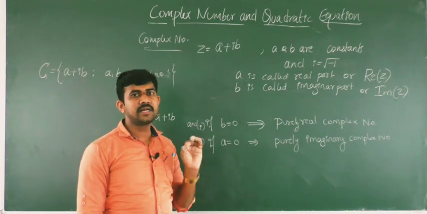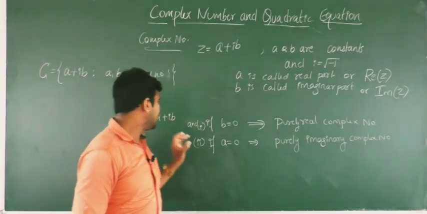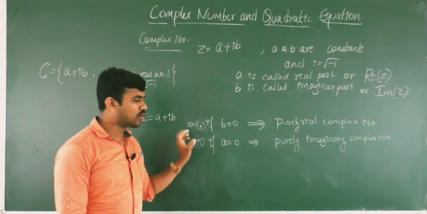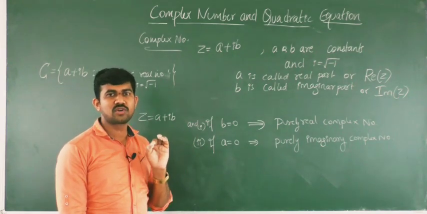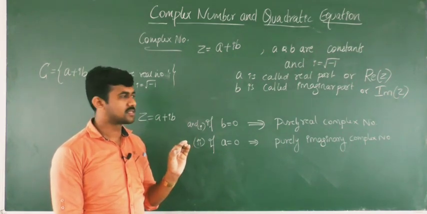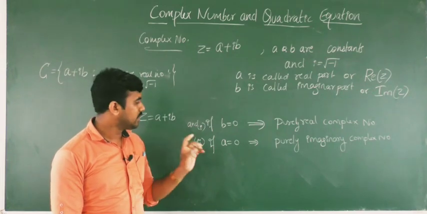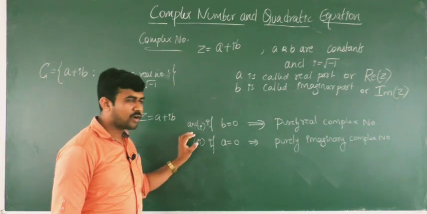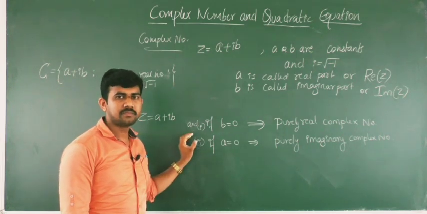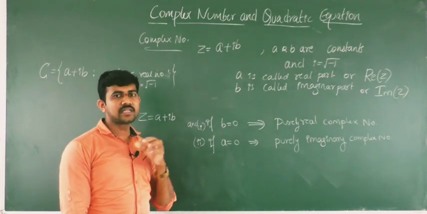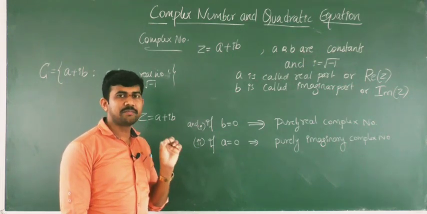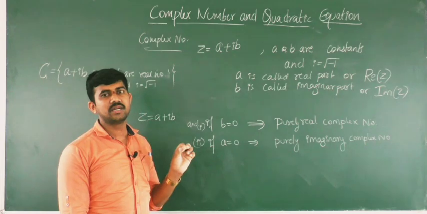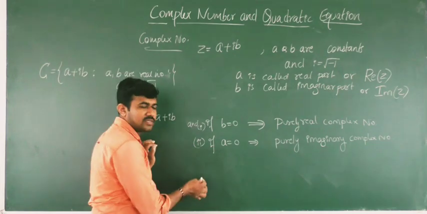A complex number in which the real part is equal to 0 is called a purely imaginary complex number.